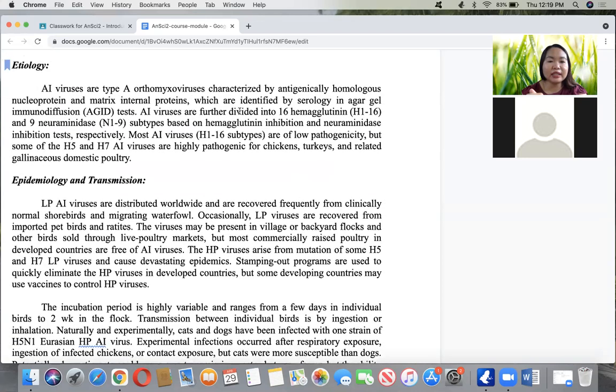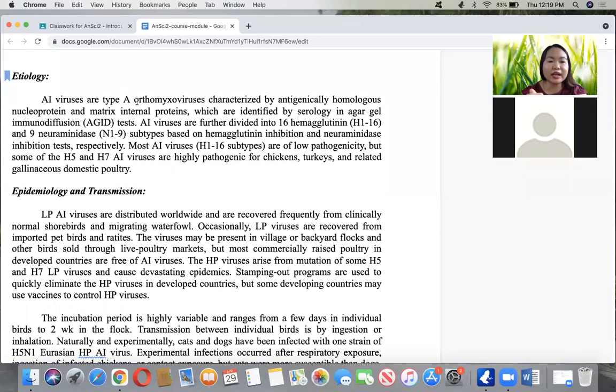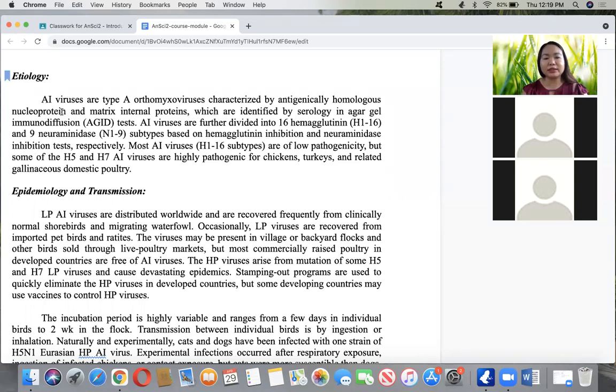So actually, avian flu is influenza type A orthomyxoviruses characterized by antigenically homologous nucleoprotein and matrix internal proteins.